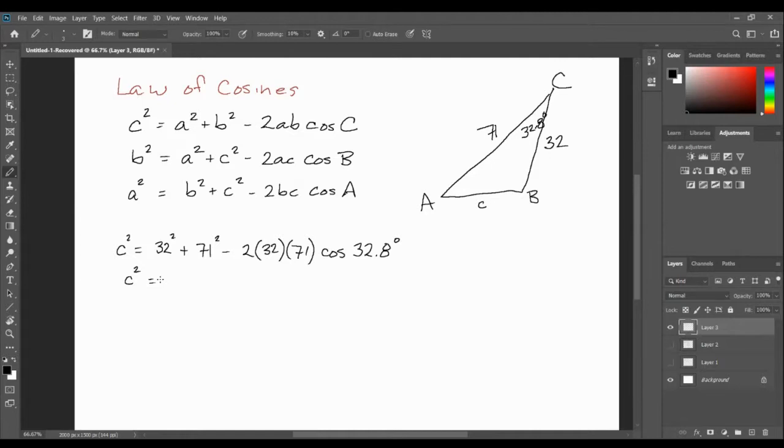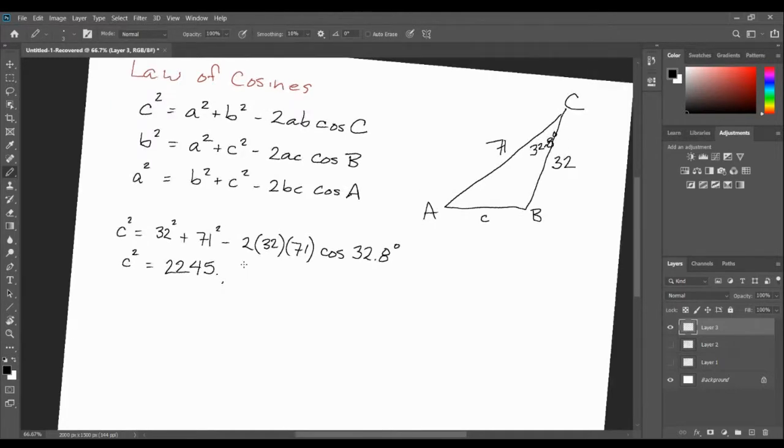That gives me 2245.47, which is huge, but I need C, which is the square root of that, which is 47.4.